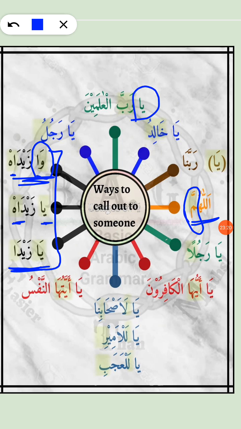First of all, very briefly, if you are calling out to someone specific, you simply drop its tanween, ya Khalidu, for example. It's an ism alam. Similarly, if you're calling out to someone specific among the masses, you simply drop its tanween and it becomes light: ya rajulu.